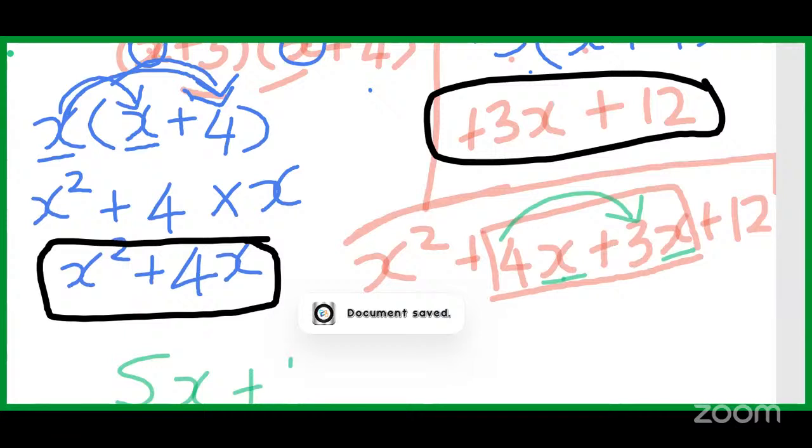Ma'am, do we only add the ones that we circled, or do we add all of them? You have to add the twins, the ones that look alike only.